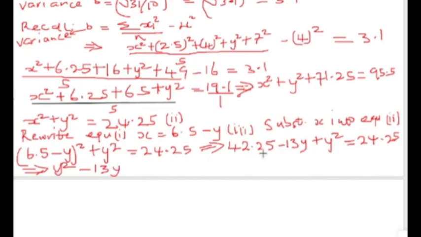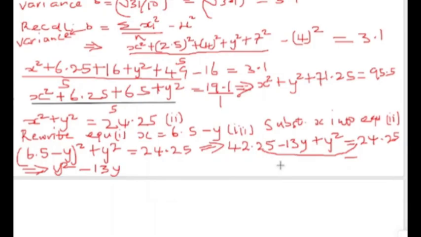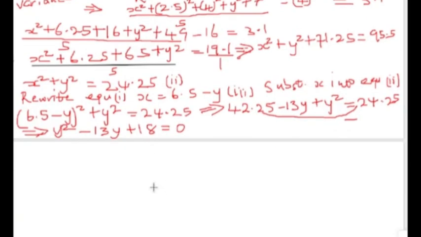So this will be 42.25 minus 24.25. That gives us 18. So this becomes plus 18 equals 0. So it ends up as a quadratic equation. All we need to do is to factorize this quadratic equation.